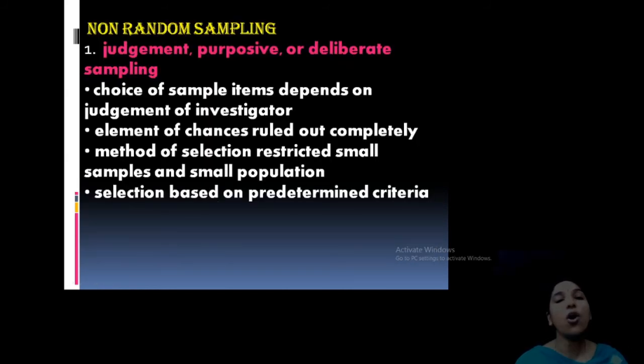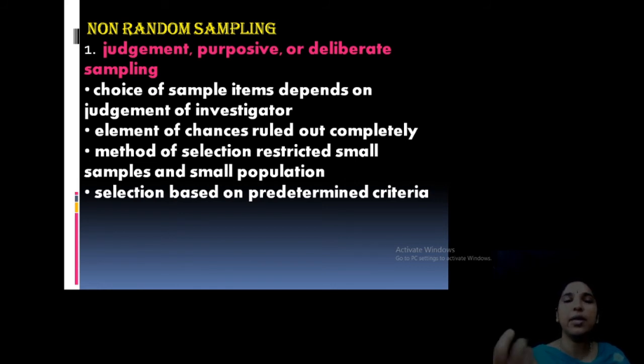Now, non-random sampling. There are two types: judgment, purposive, deliberate sampling. The terms themselves carry the meaning. For example, in your class, I want to study your performance in biostatistics problem solving. So what will I do?